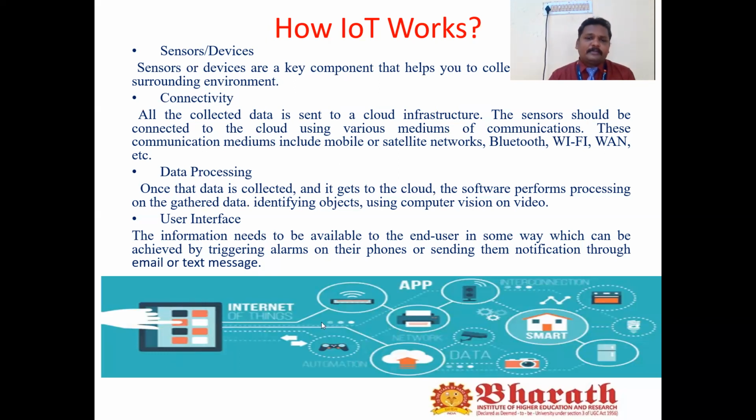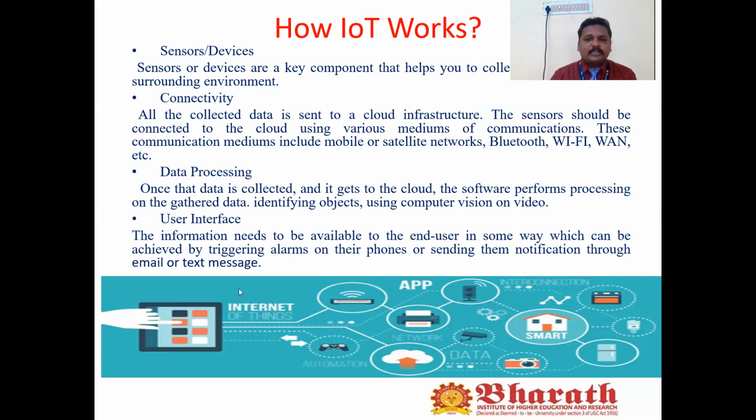For example, this is the diagrammatic representation, where you see that things are all connected. Maybe the printer, or the home, or the camera, or the speaker. These are all things, and they will be connected to the internet. And we are designing the user interfaces.